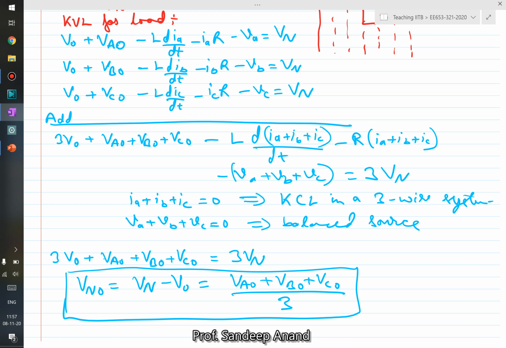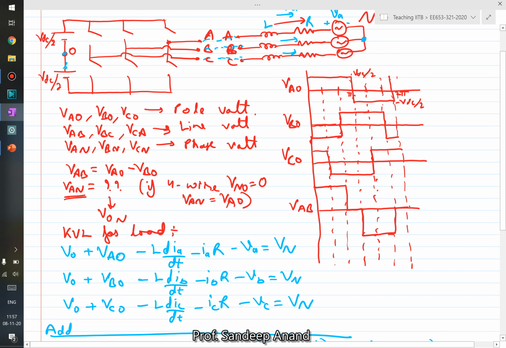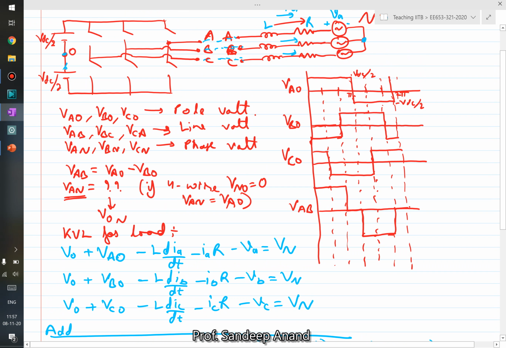Alright, now let us try to draw this waveform in the same graph. Let me use the same axis here and also draw VNO. So in the first period, VAO is plus VDC by 2, VBO is minus VDC by 2, VCO is plus VDC by 2. If you add, you get VDC by 2 divided by 3, so you get a positive VDC by 6.